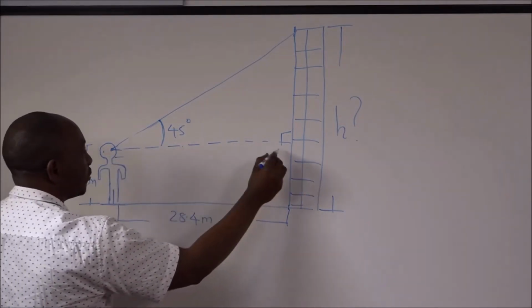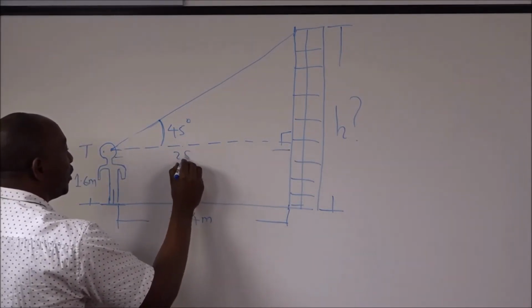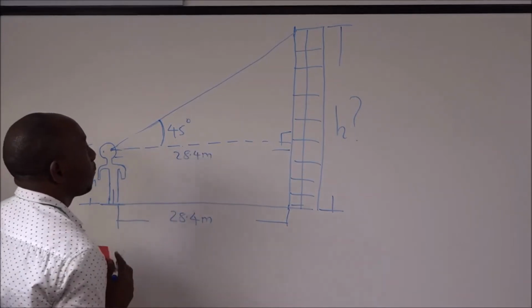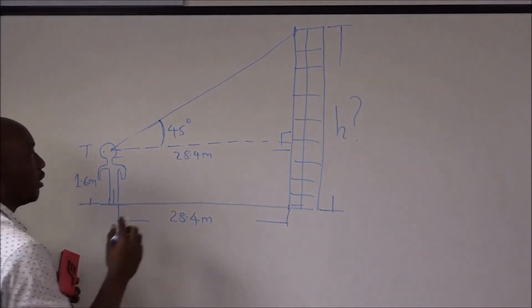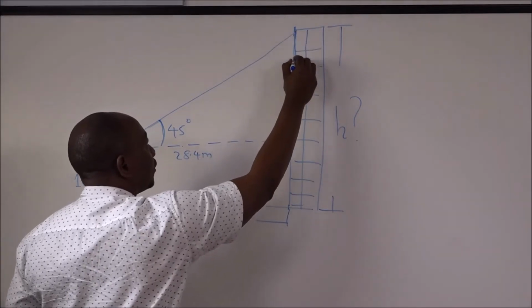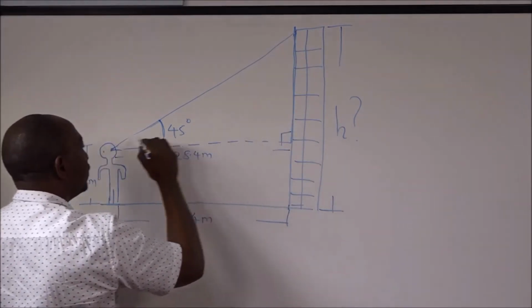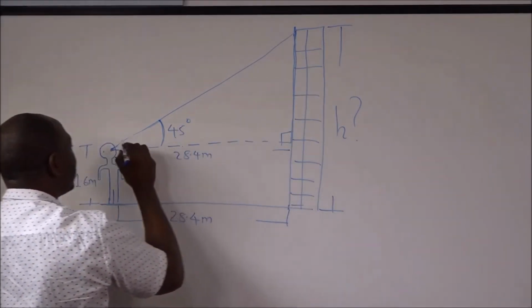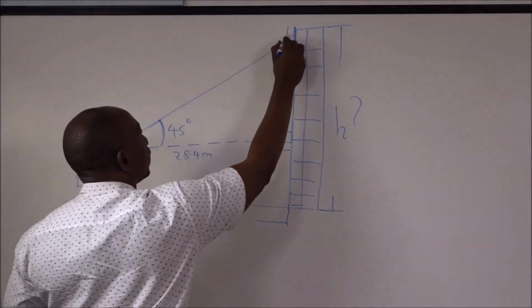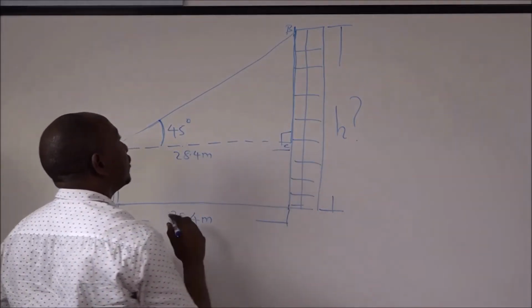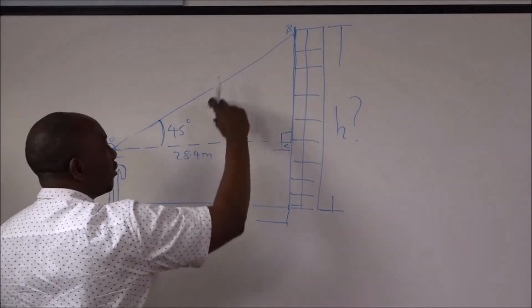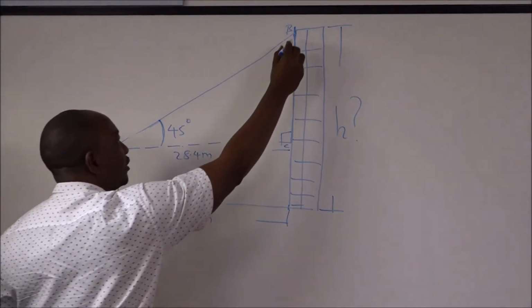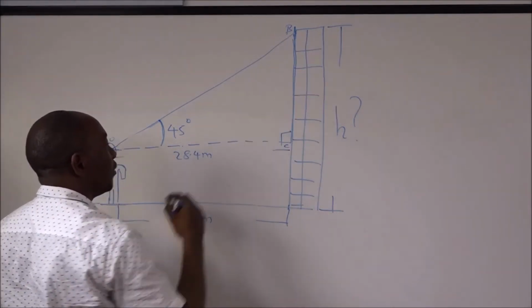So this distance will be 28.4 meters. So we can calculate this height. We can calculate this height by using this right angle triangle. Let's say this is OBC. So we can use this right angle triangle OBC to calculate this height BC.